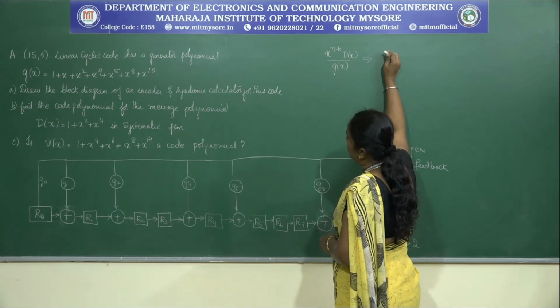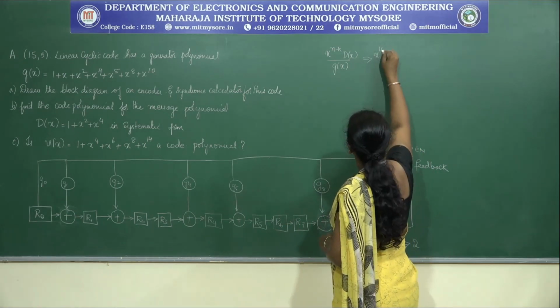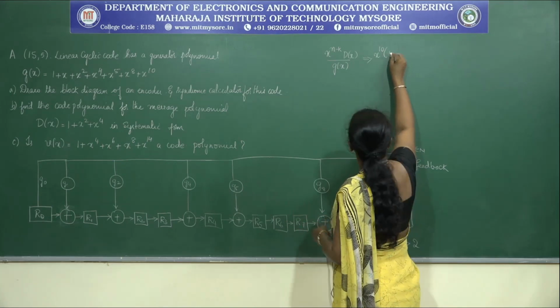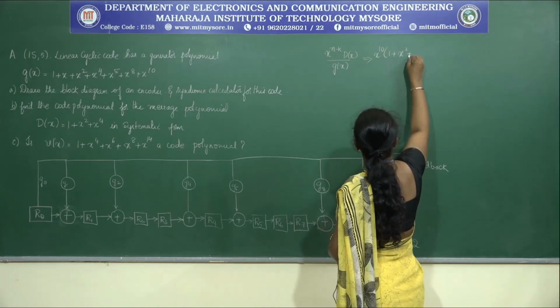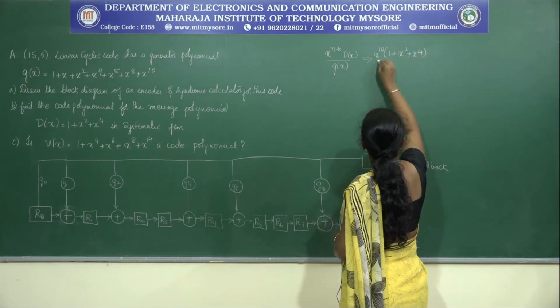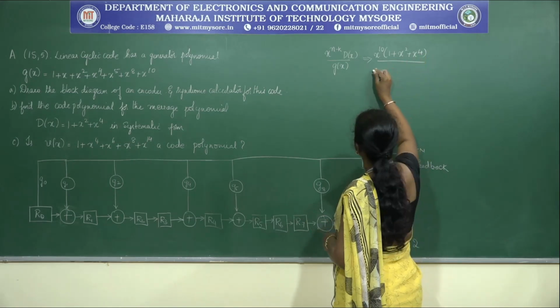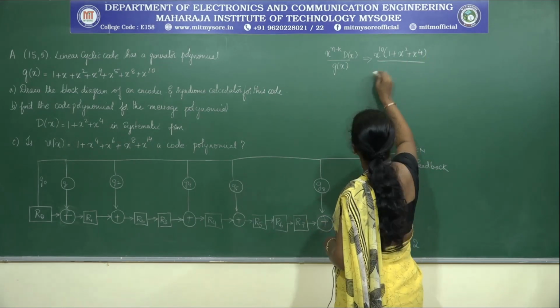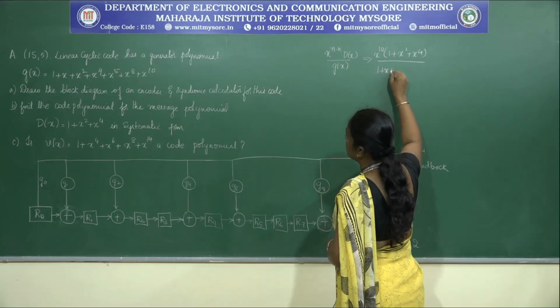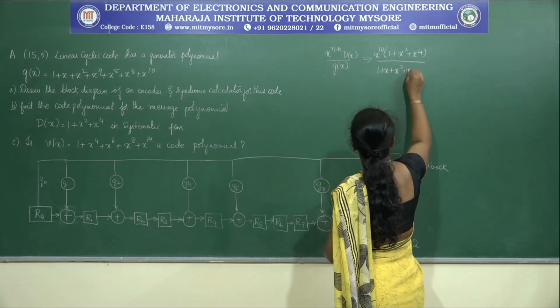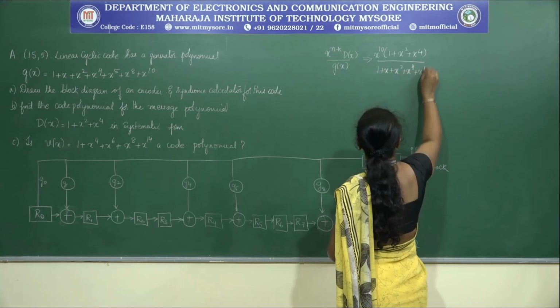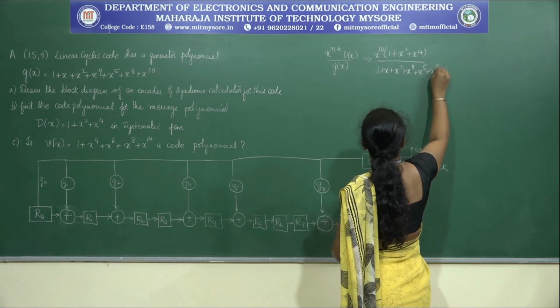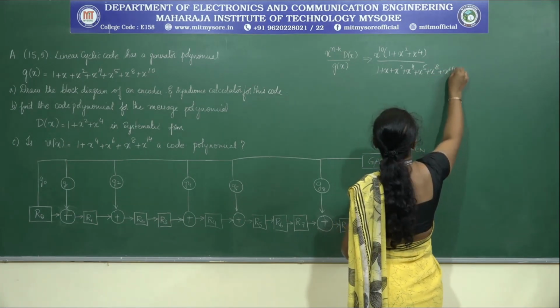x power n minus k means 15 minus 5, so it is x power 10 into d of x, that is 1 plus x square plus x to the power of 4, divided by g of x, that is 1 plus x square, x power 4, 5, 8 plus 10.